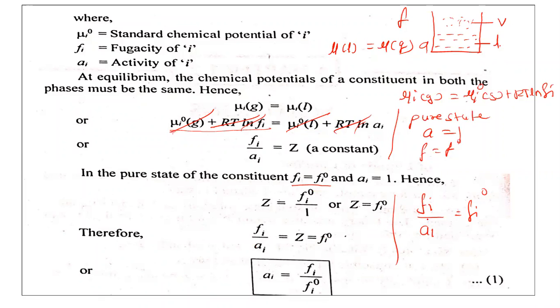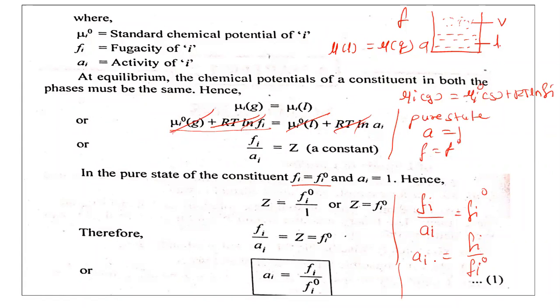So the activity Ai is equal to the ratio Fi upon Fi0: the fugacity of the ith component divided by the fugacity of the ith component in the pure state, Fi0. In this way we can find the activity.